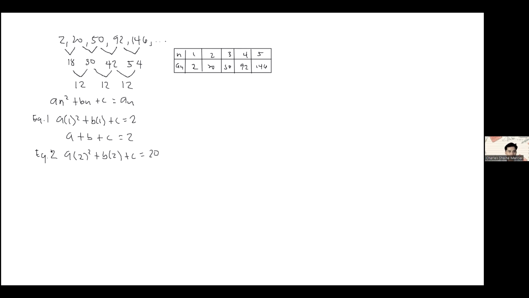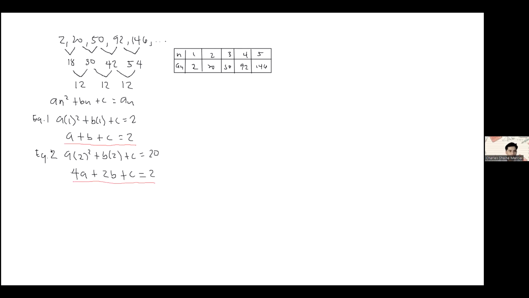So we have 2 squared is 4, so we have 4a plus b times 2 is equal to 2b plus c is equal to 20. Yan, ito na yung mga equation natin for equation 1, equation 2.